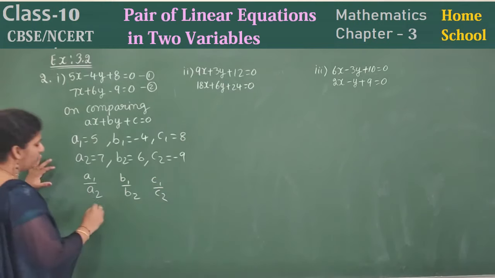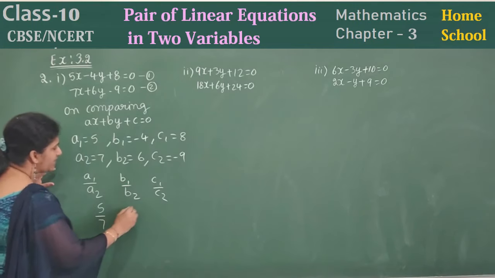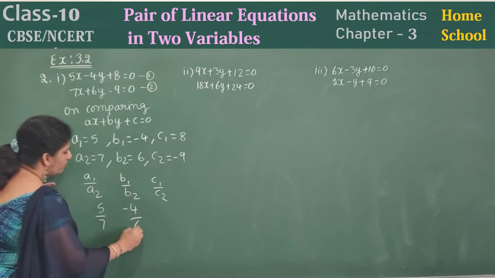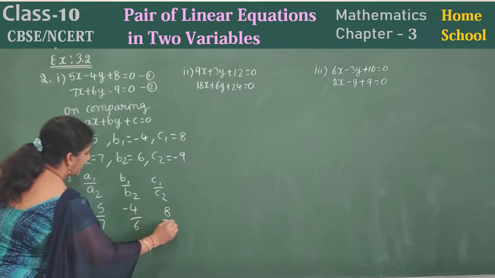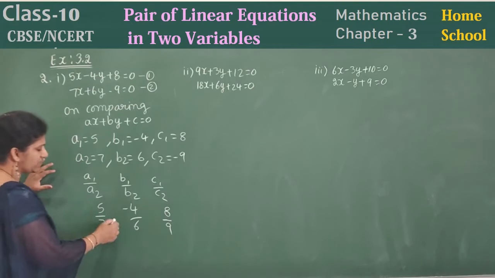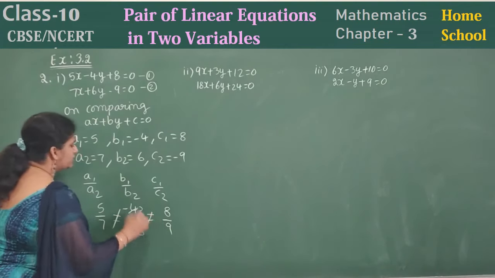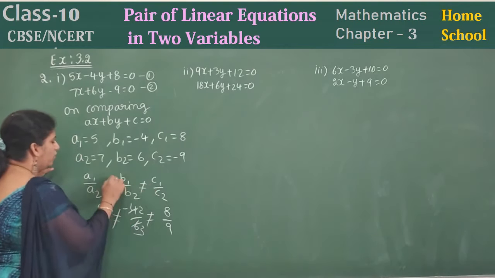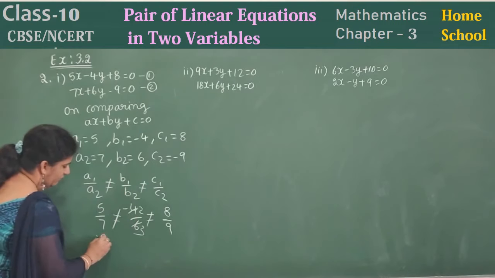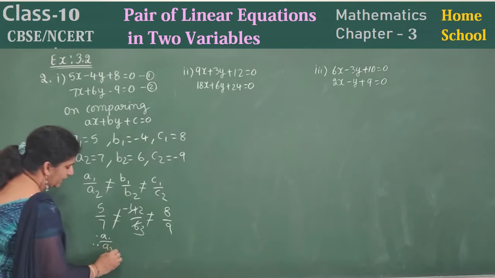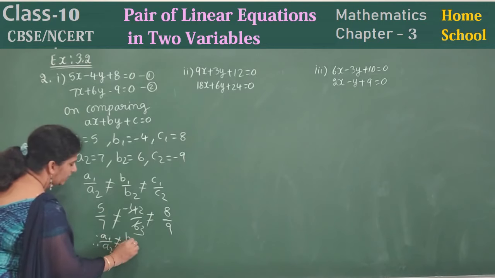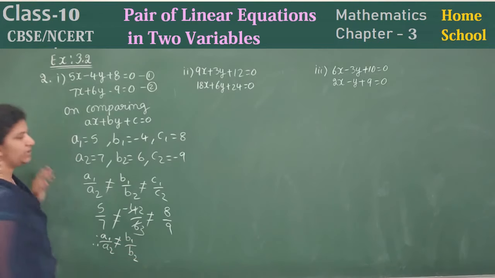Now let's start comparing. 5 by 7, minus 4 by 6, 8 by 9. So observe here 2, 3. Are these two equal? No, they are not equal. This is also not equal. Therefore, what I can say? Therefore, a1 by a2 is not equal to b1 by b2.